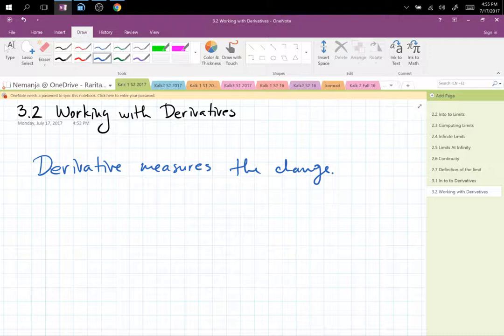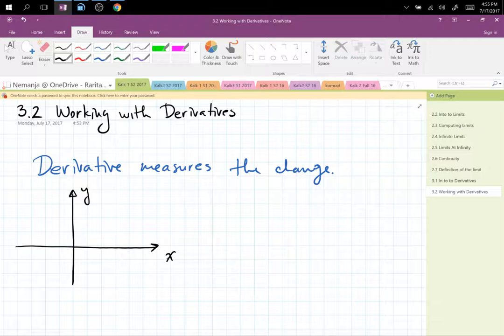So the derivative measures the change, and when we are focusing on the two-dimensional environment, which is our Cartesian XY graph, we might have the function f of x, and for, let's say, a particular region A to B, we are going to observe that piece of the function. We are going to notice that that piece is increasing.